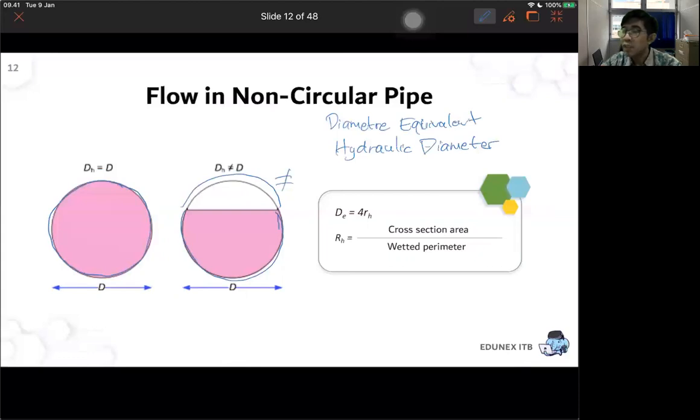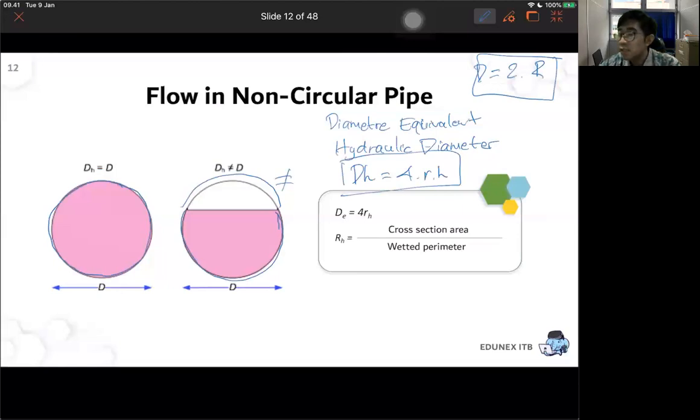And how to calculate the hydraulic diameter or equivalent diameter? The hydraulic diameter will be 4 times the hydraulic radius. So it's different from the concept you know first, that D is 2 times R, right? If you calculate the hydraulic diameter, it will be 4 times the hydraulic radius.